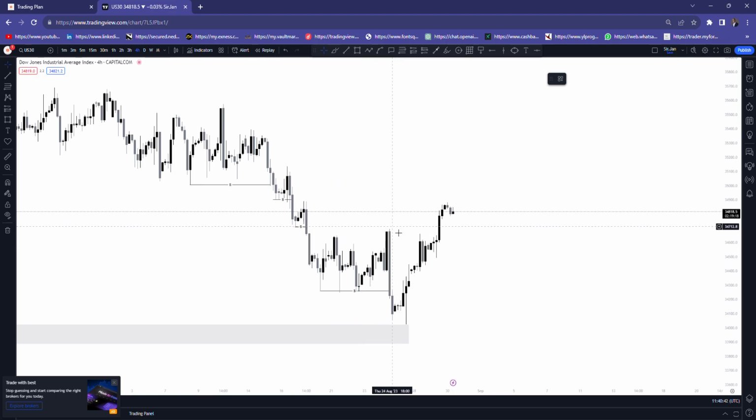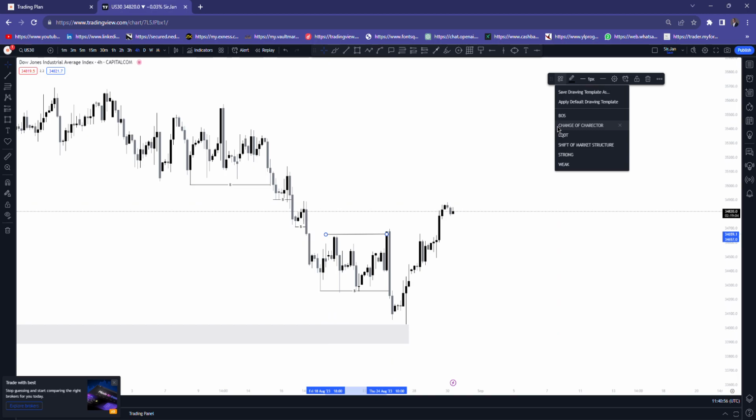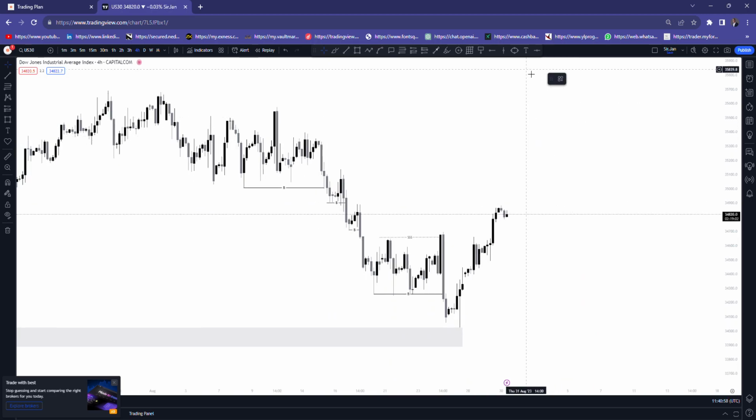Then after here, we realized that now there was this liquidity that was just pumped here. And then we had this 4 hour here.